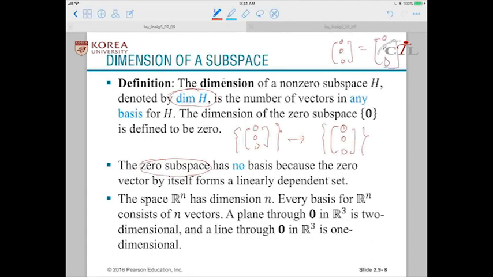We can set the coefficient as a non-zero value, and thus we always obtain the non-trivial solution. So the set of only the zero vector is linearly dependent, and it is not eligible for our basis because we only consider linearly independent vectors. Thus this zero subspace is considered as having zero dimension.